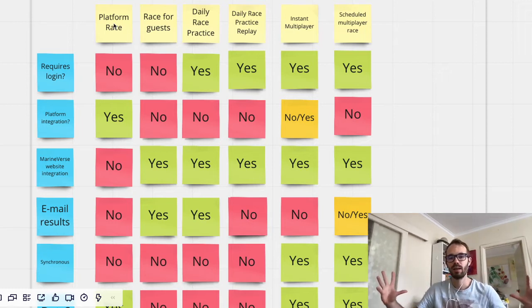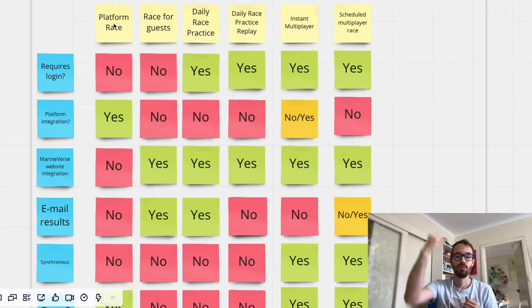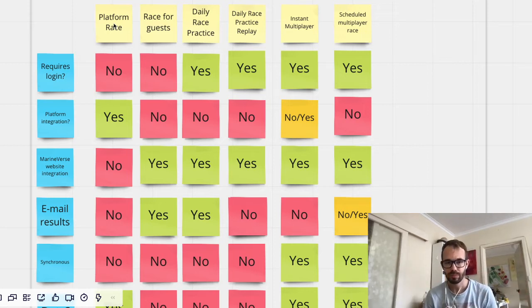You can play them at any time, and you can submit your entry as many times as you want. So you can play on Sunday and again on Wednesday, and your friend can play on Friday, and all the results are going to the same leaderboard. So this game mode is great if you want to master a specific race.